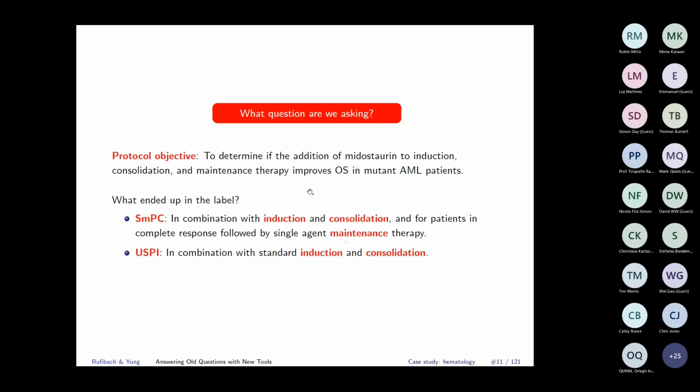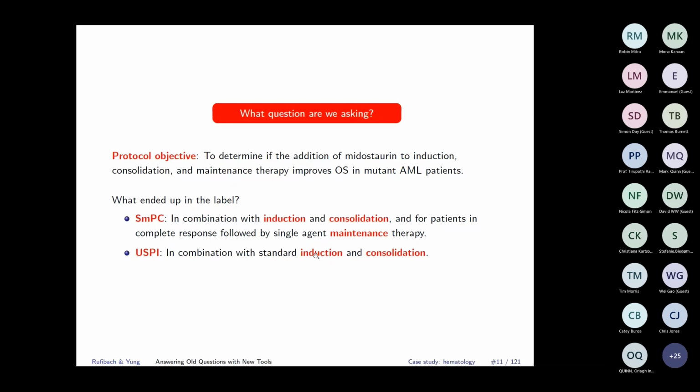You would expect the protocol objective to define what ends up in the label at the end, because you will not evaluate something other than what's in the protocol. So here you run this trial including maintenance, and then in the US you only get the label for induction and consolidation, although whether that by itself has an effect is not a question that has been answered by the trial. Okay, so different labels.